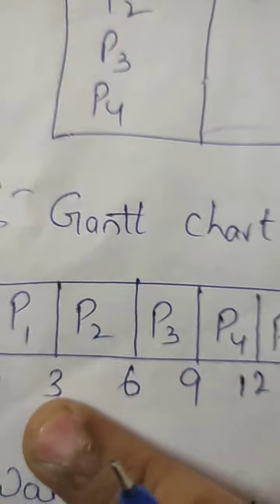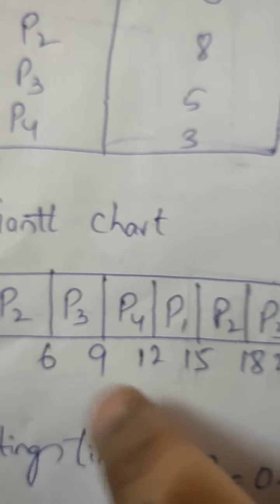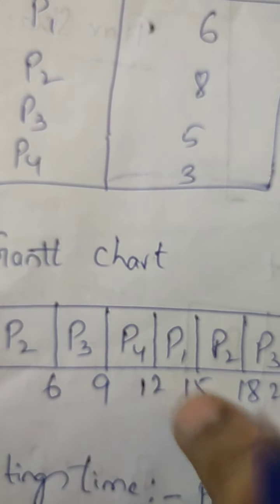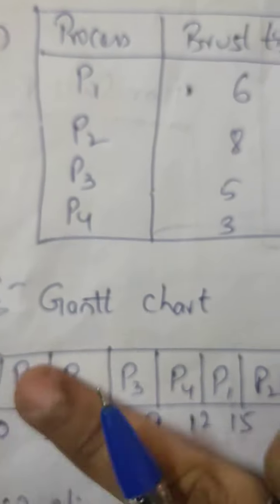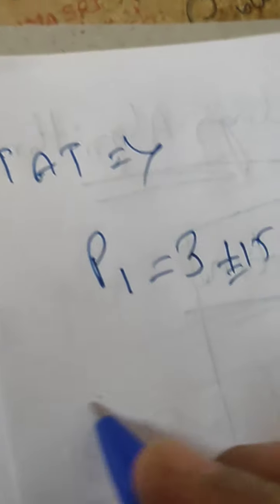So this is the turnaround time taken for P1, and also turnaround time is 15. Why? Because 2 times it is going to repeat. So we are going to take 3 plus 15, nothing but 18 milliseconds.